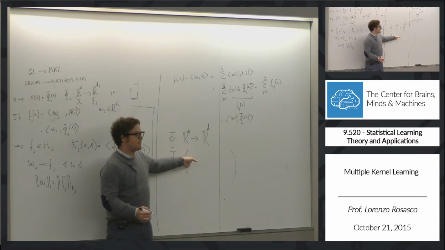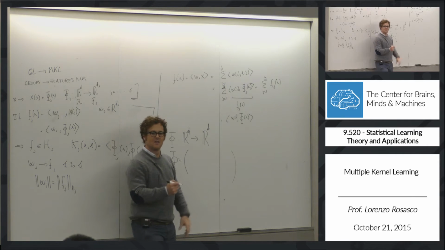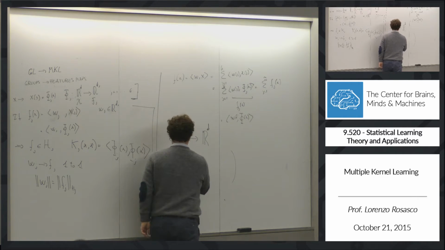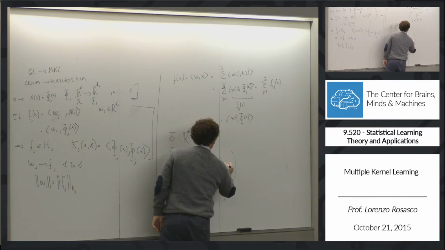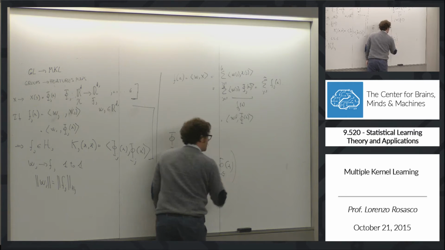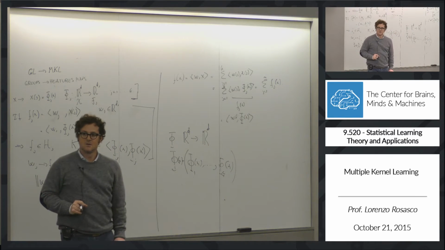Think about it. phi1 to phi g are of different size, so if I sum them, I just have to concatenate them. Okay? If you put it here, you see it maybe better: phi of x is phi1 to phi g. So I have to concatenate the feature vectors, one after the other. Okay?